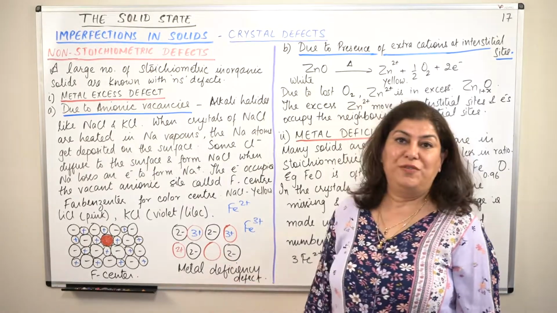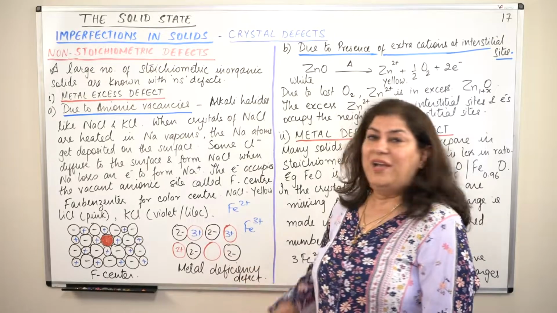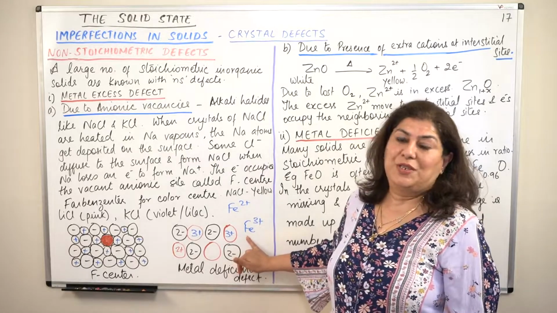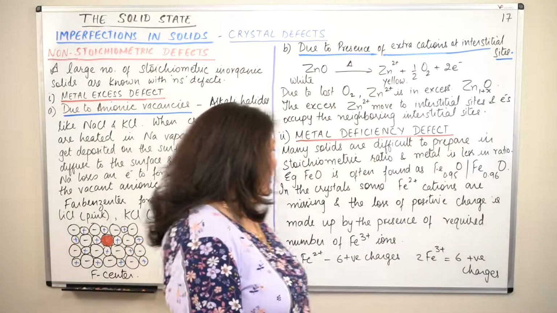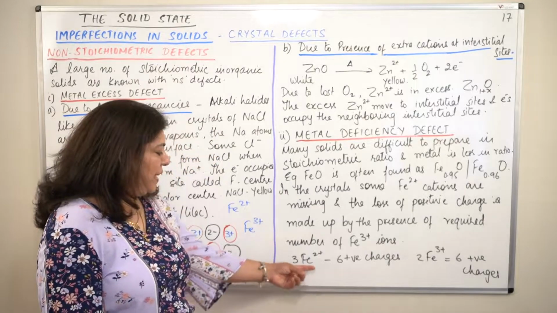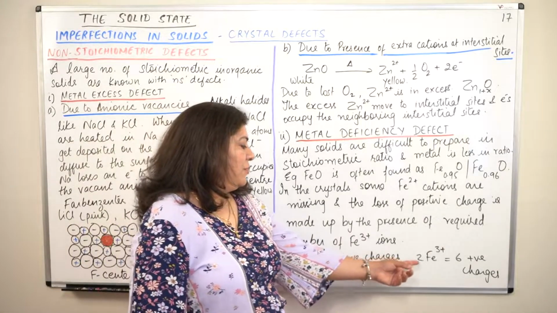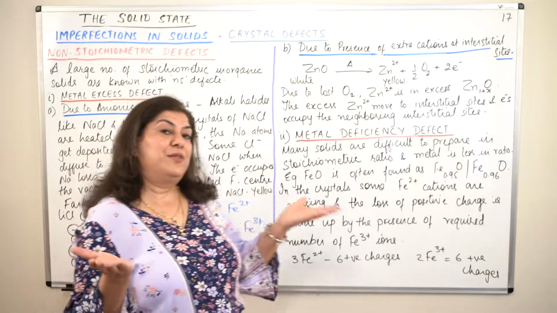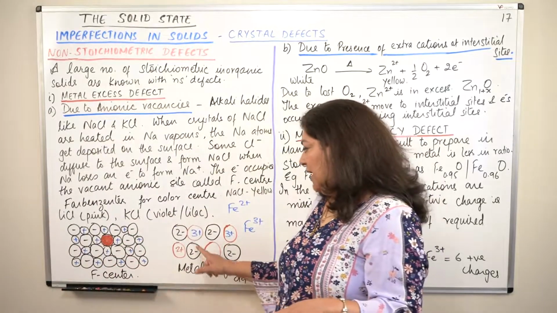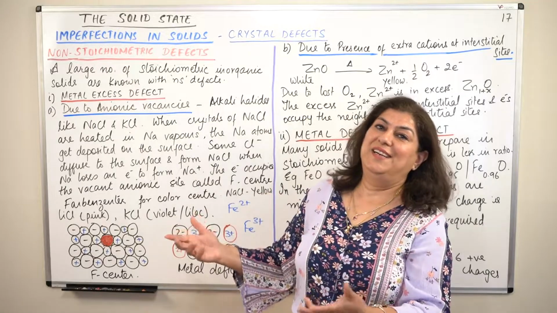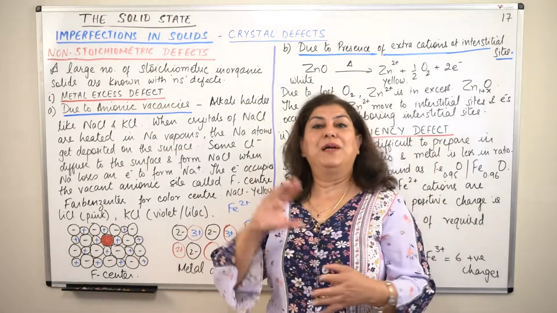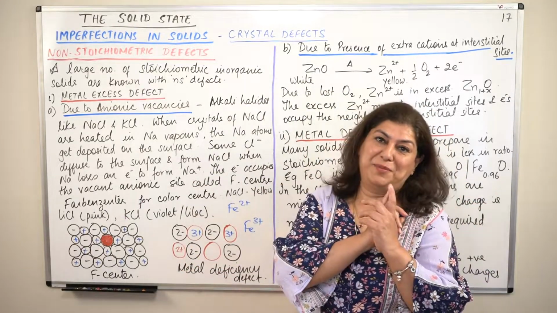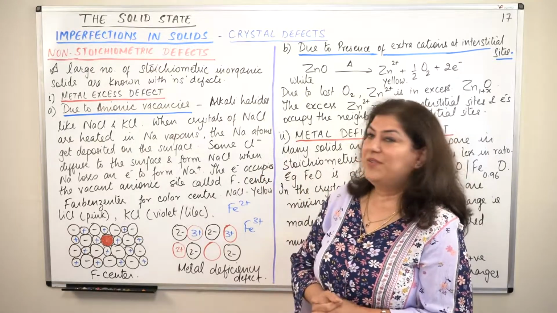If one Fe2+ is missing, then 2 more Fe2+ will have to change. 2 Fe2+ would change into Fe3+, thereby maintaining electrical neutrality. 3 Fe2+ have 6 positive charges, and 2 Fe3+ also have 6 positive charges. Therefore, the number of positive charges remains the same. For 3 Fe2+, 2 Fe3+ can do the same job of imparting 6 positive charges. But the stoichiometry is disturbed, and therefore this is a non-stoichiometric defect.